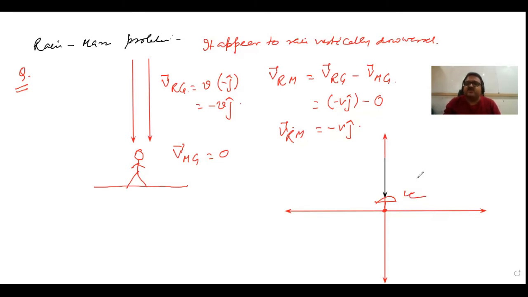Let me handle a few problems so you can understand the concept in a better way, correct? Let us assume now rain is falling vertically downward. This is the actual velocity of the rain with respect to the ground. And think for a moment, it is falling with a speed of 20 km per hour.